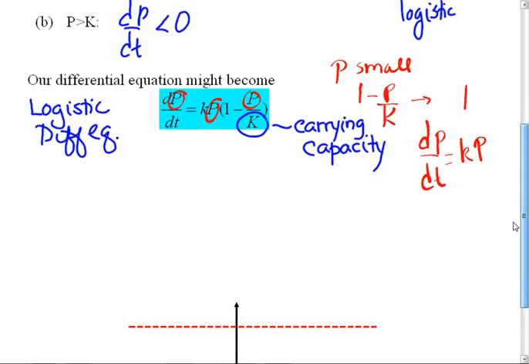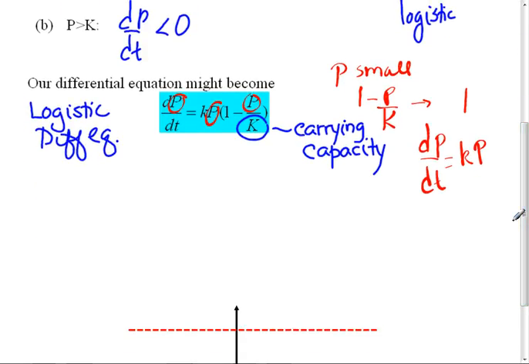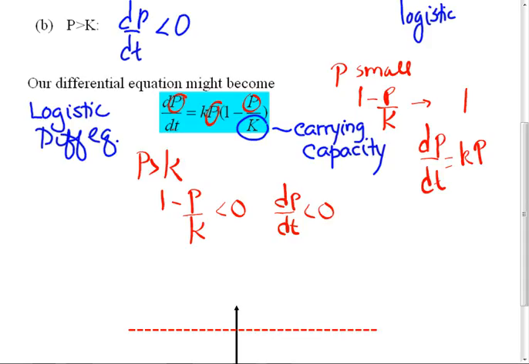Do I get a negative derivative? If P is bigger than K, then 1 minus P over K, is that positive or negative? It's negative. So dP/dt would be negative. Looks like a good model.